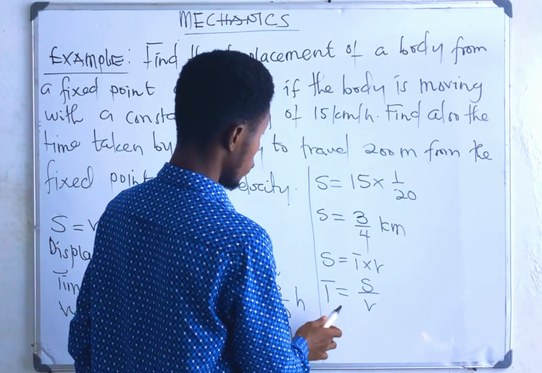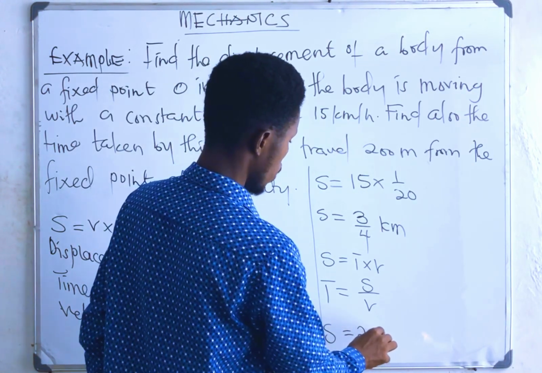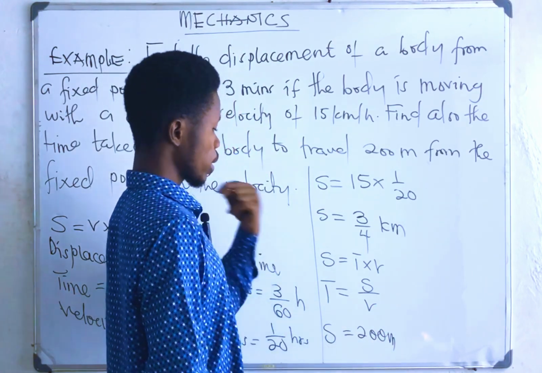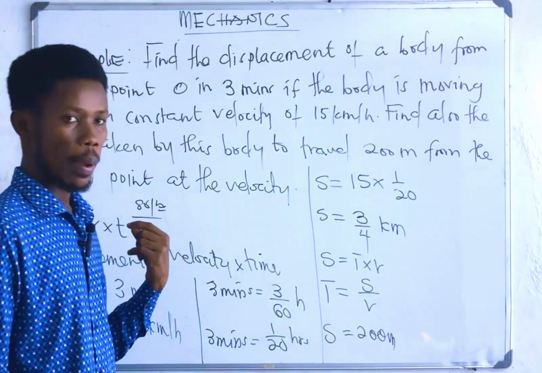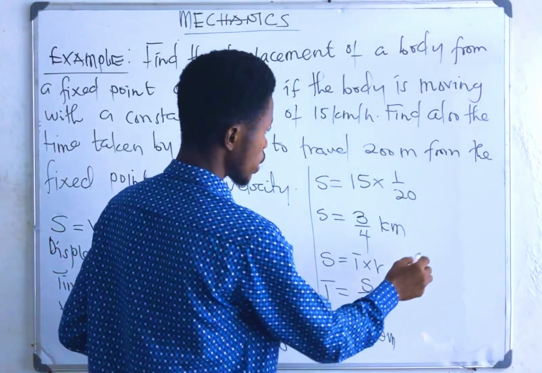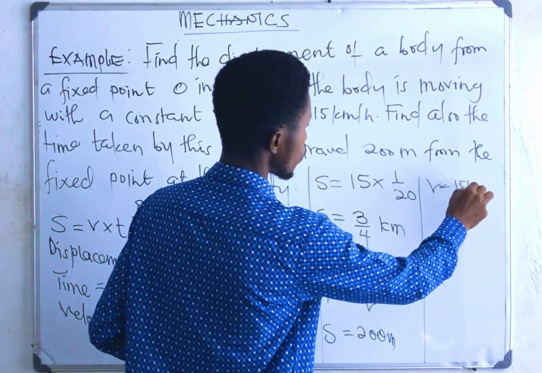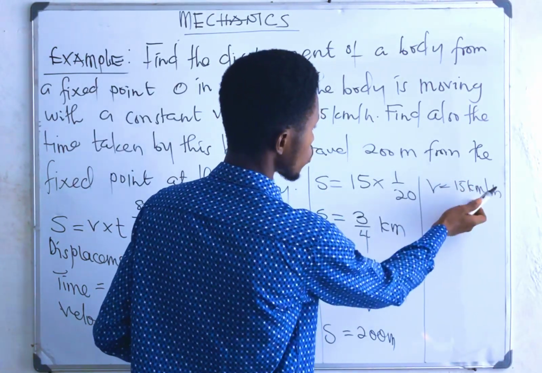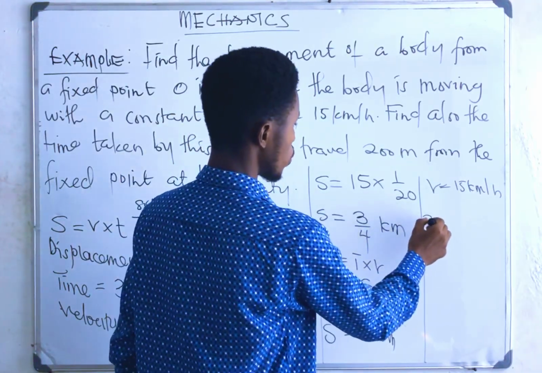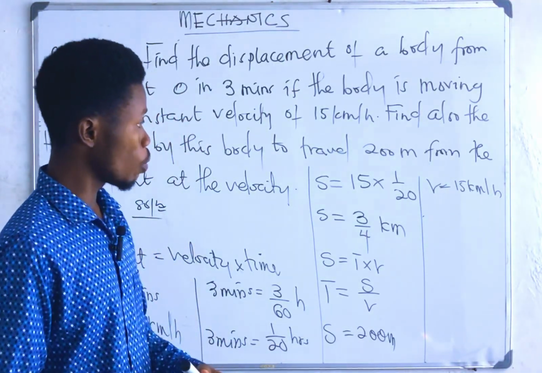So we have the distance given as 200 meters. Is that okay? So these 200 meters, I'm to convert to kilometers, because the velocity given is in 15 kilometers per hour. So I have to convert the 200 meters to kilometers. So we know that every 1 kilometer is 1,000 meters.